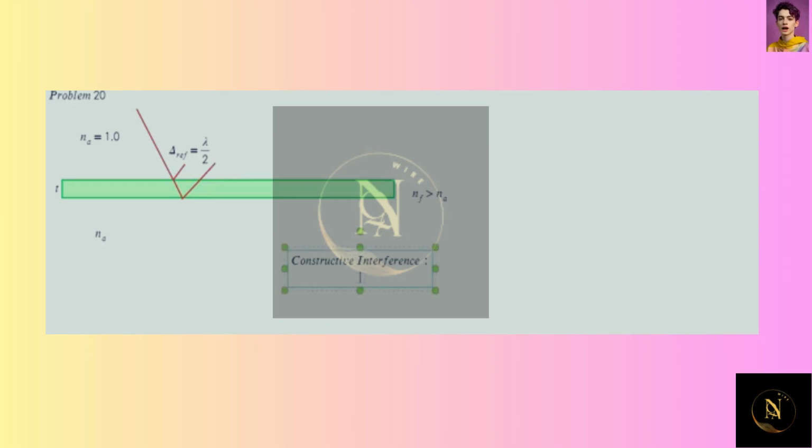So our net path length difference, let's call it delta, is going to be delta reflection due to this first reflection right here, plus delta t due to the path length difference as light goes through the bubble. For constructive interference, this must come out to m lambda, or an integer multiple of wavelengths for constructive interference.